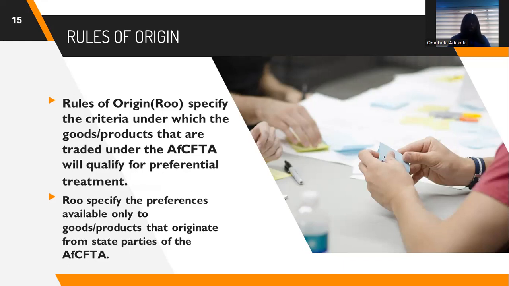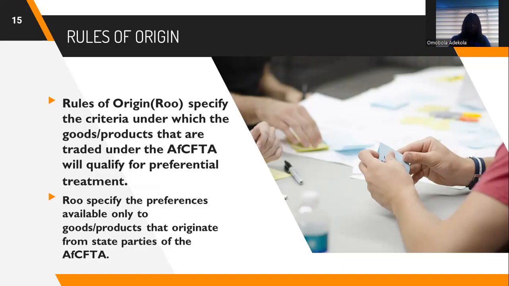So they specify the preferences available for products that originate from state parties of the AfCFTA. So the goods or products from Nigeria, Kenya, Ghana, Madagascar, the rules of origin specify the preferences that the products will enjoy, for you to be able to enjoy either tariff removal or tariff reduction in exporting it to another AfCFTA member country.